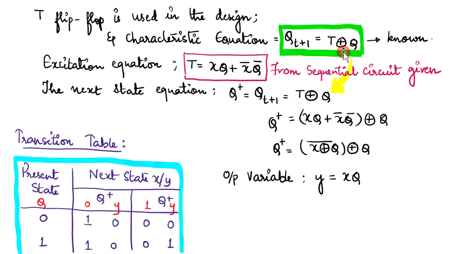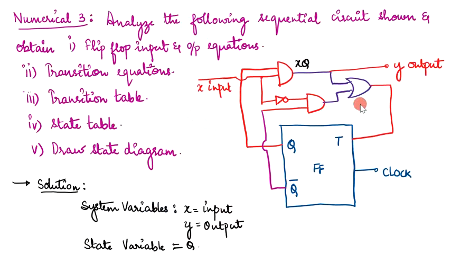The excitation equation for this will be obtained by looking at the sequential circuit. You can see that this is XQ, this is X bar Q bar, and then you have an OR operation.